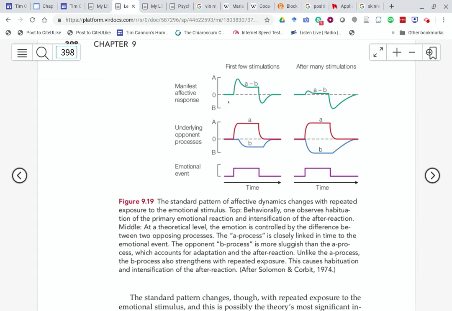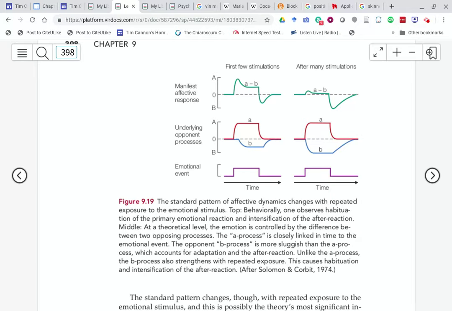And notice that you are the sum of A and B. And B is subtraction. And if you add a negative number, it goes down. And it moves you from baseline quite a bit and then calms down. And then you have a blip afterwards. And then after many stimulations, you almost don't get a blip at all when you take the drug.